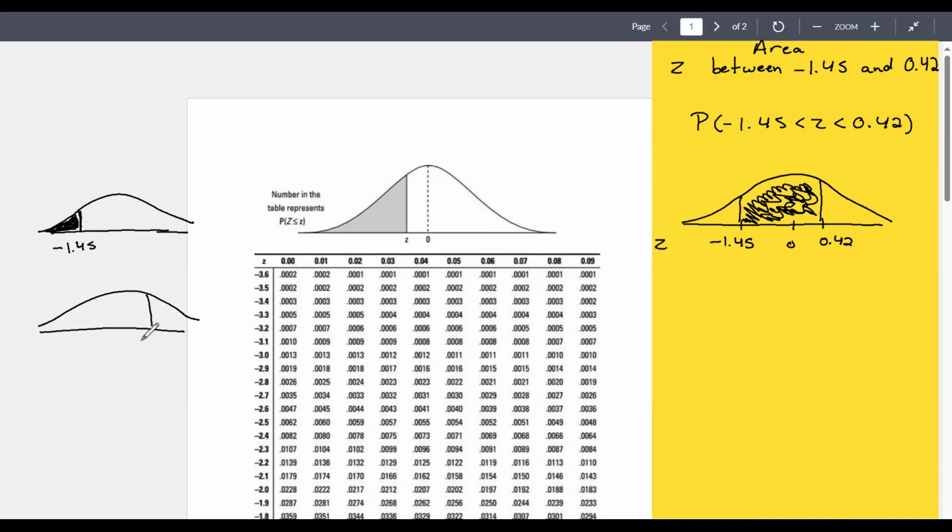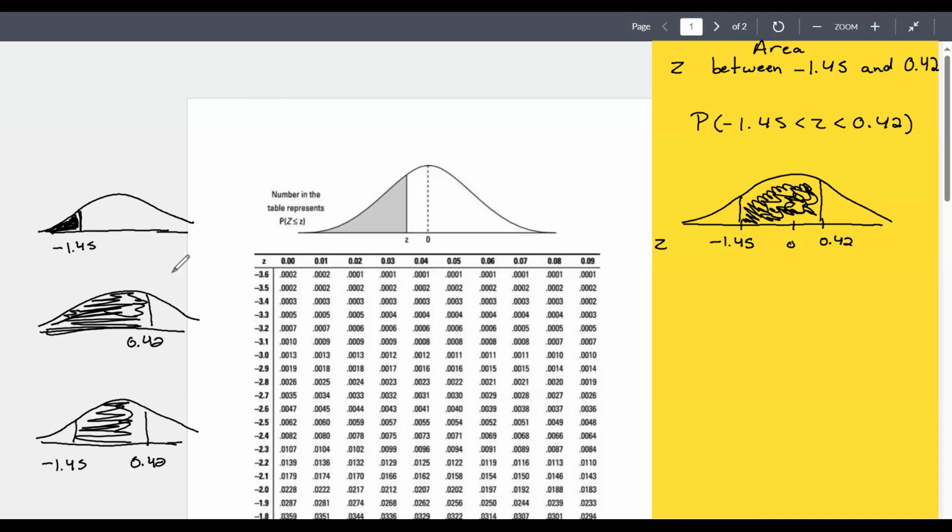If I look at my z-score of 0.42, the z-table is going to give me this area. And what I really want is this area. So let's first find my areas.